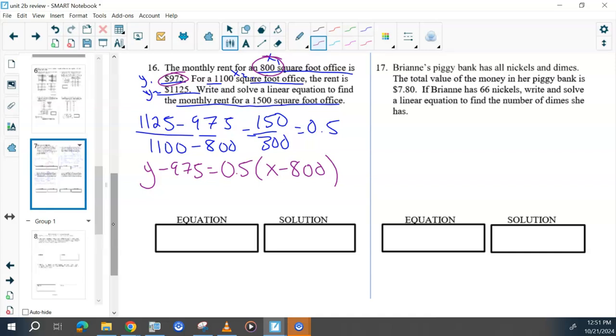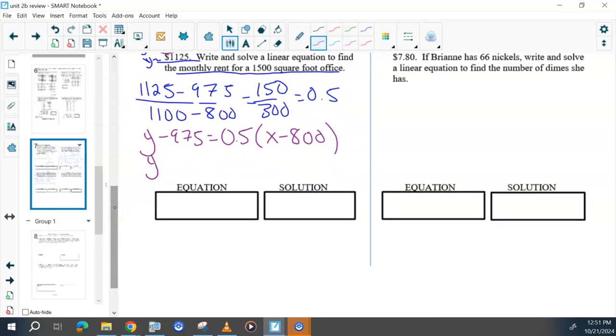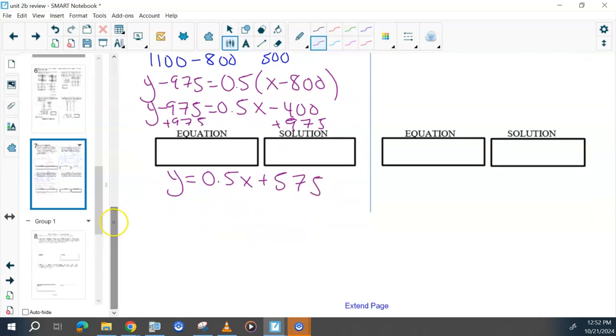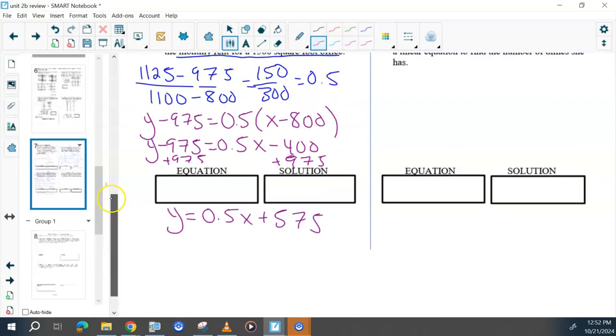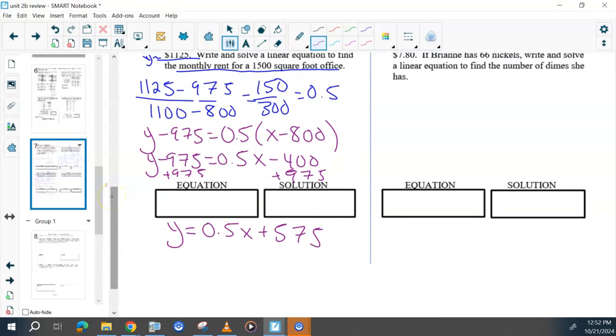And solve. So that when I add 975, we get 575. So for your equation, you can put this last one, or you can put what we started with, either or.